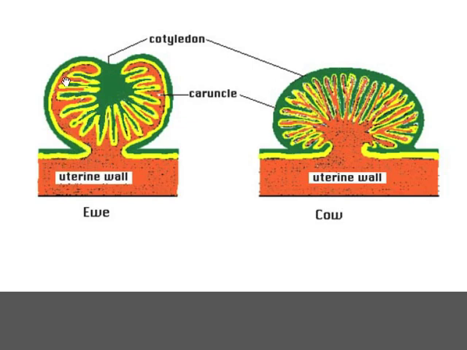And so you can see that fetal and uterine tissues interdigitate for very close contact and exchange of nutrients. The ewe is different from the cow. The cow has a convex caruncle, and the ewe has a concave caruncle. So the maternal component of a placentome is a caruncle. The fetal component of a placentome, shown in green here, is a cotyledon.